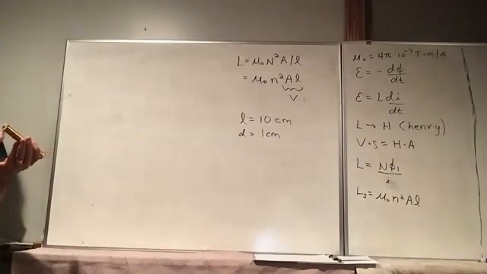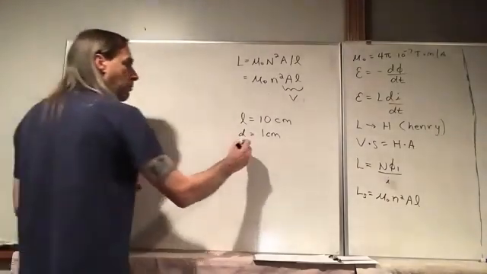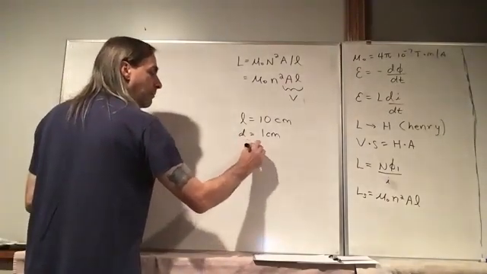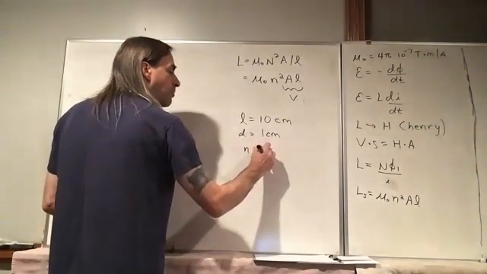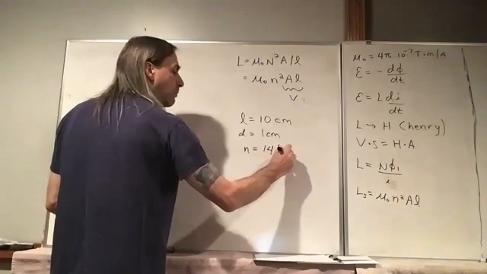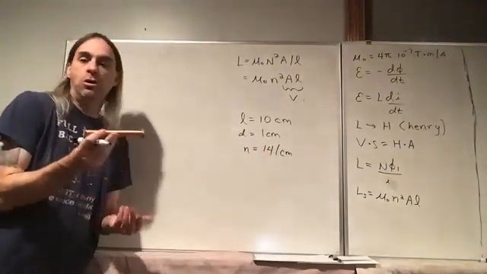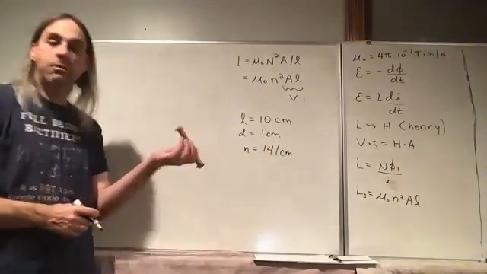Now I need the turns per length, which I'm just going to estimate. Let's say there's 14 turns per centimeter. That's pretty reasonable for this object here.